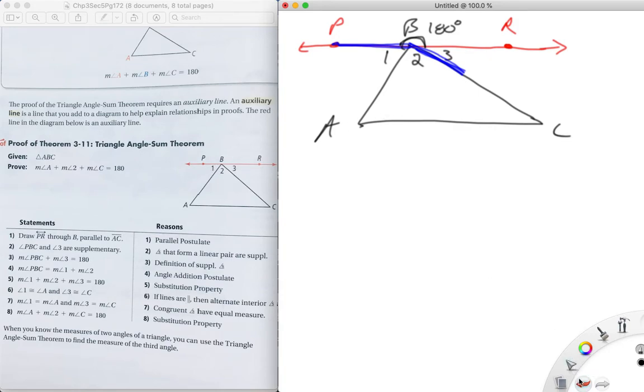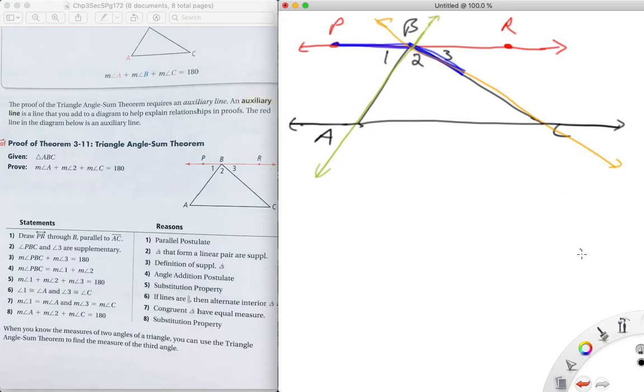Let's take a look here for a second. If I was to expand this line out here, and if I was to expand this line here, look at the green line.